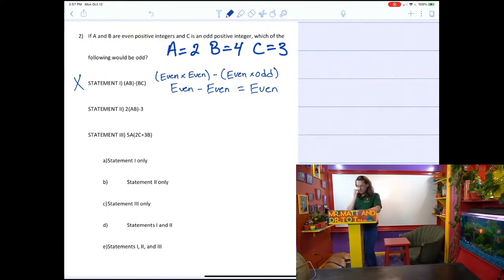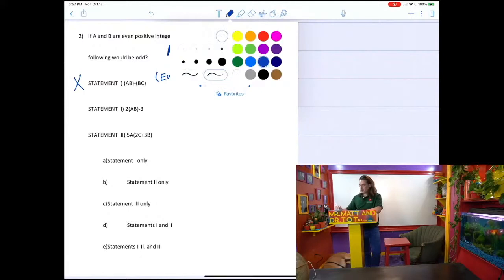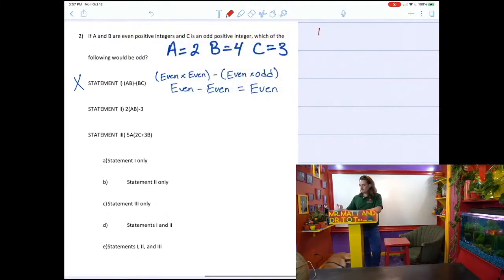Statement 2, 2 times A times B minus 3. So what you want to do is insert the concept of even versus odd. It doesn't really matter what the actual values are. Actually, let me do it this way.